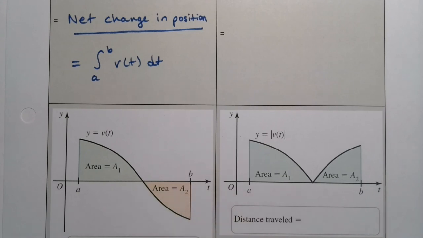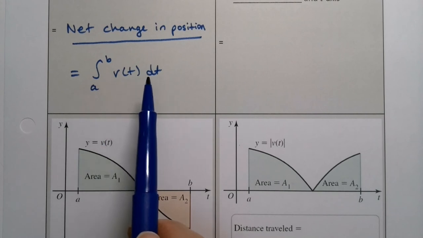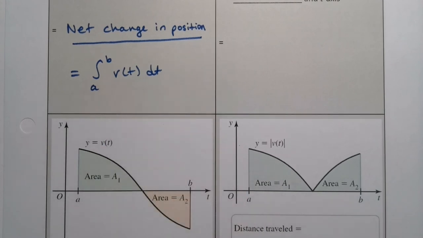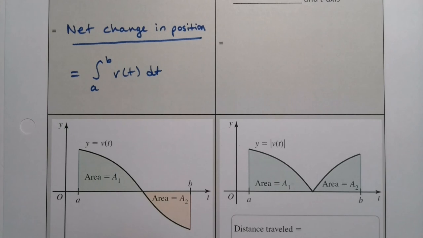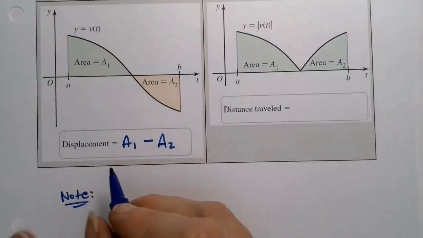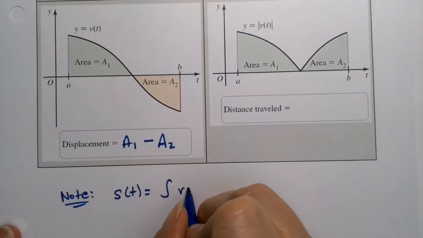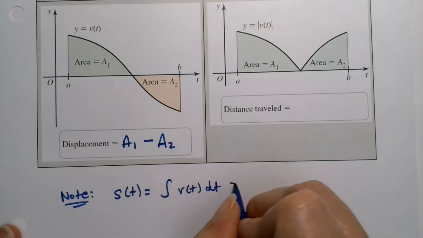That second area is negative, right? And just another note real quickly. This is a definite integral because you're picking particular points. If it's just the general integral of velocity, that's your position function.